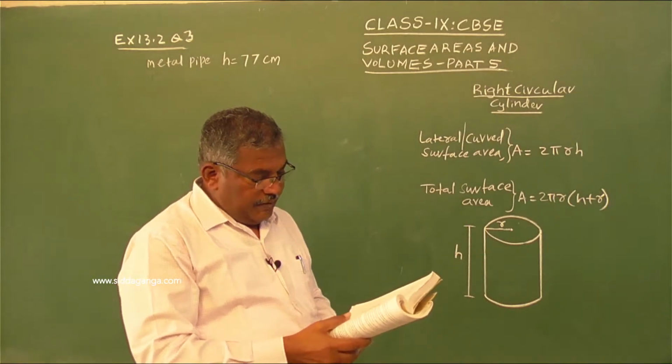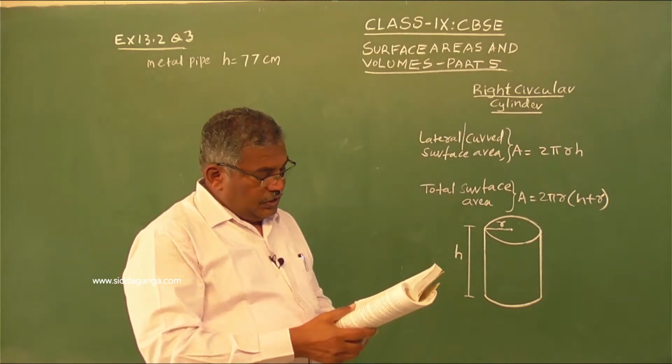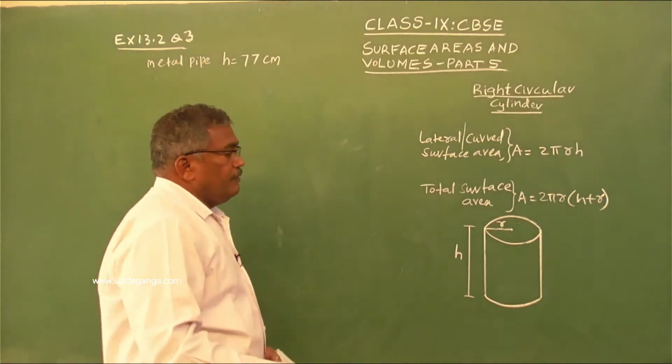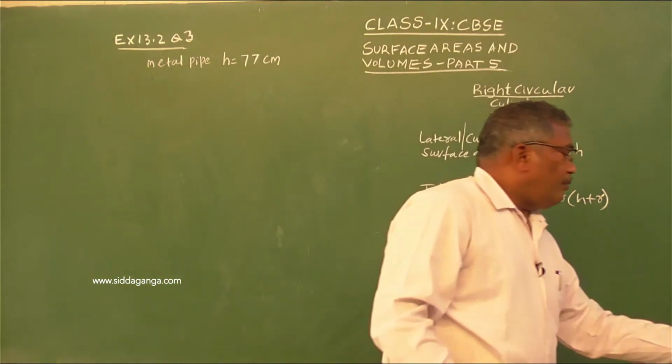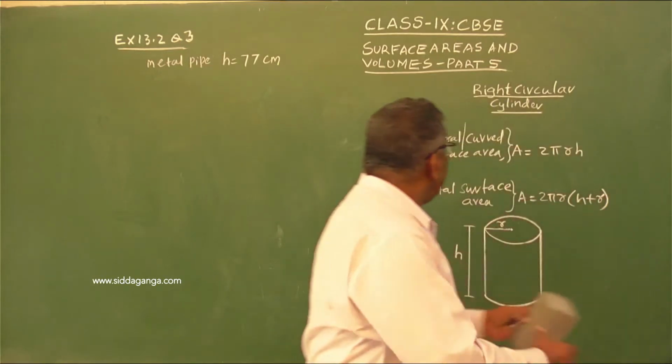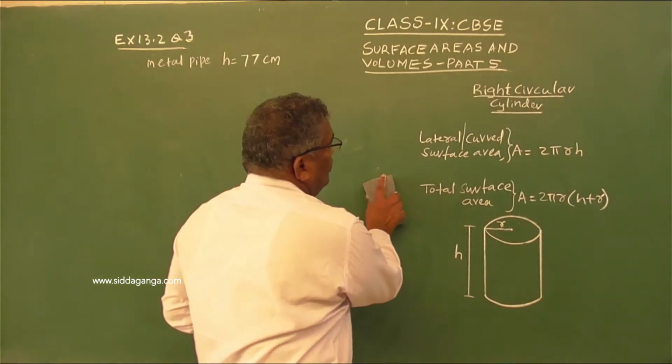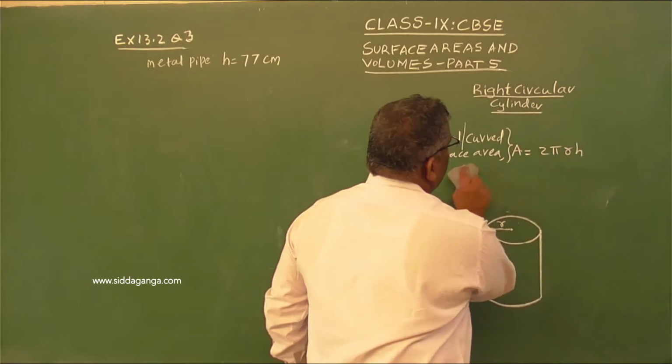The inner diameter of the cross section is 4 centimeter. So we have to have a diagram for this.